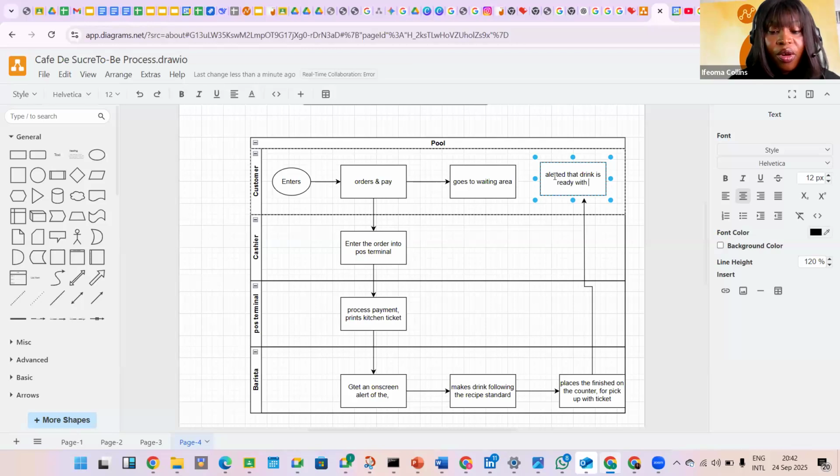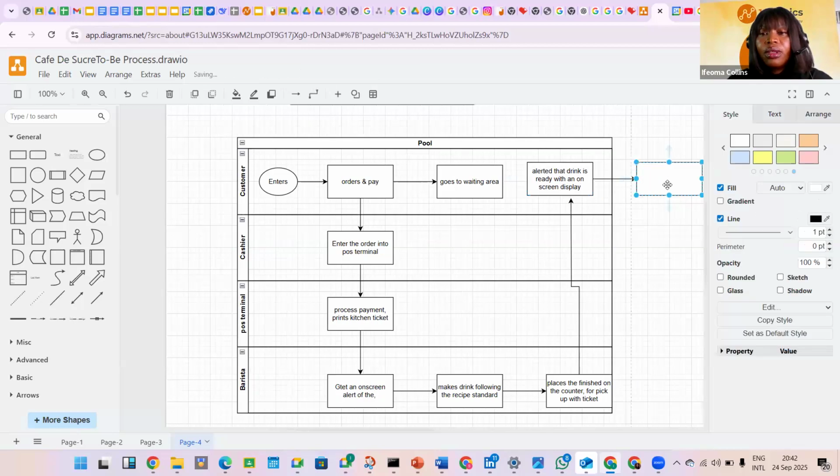with an on-screen display. So you can see that there's no need to yell his name. A customer that is already angry, you're yelling his name that your drink is ready. So he collects his drink. The next step is going to be that he collects his drink. So I'm just going to enlarge this.